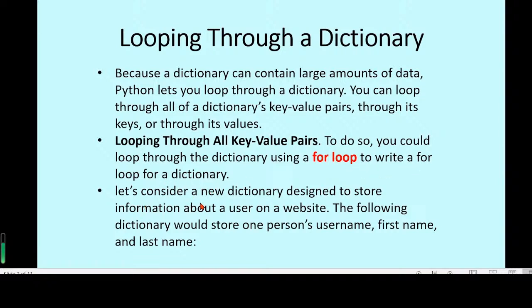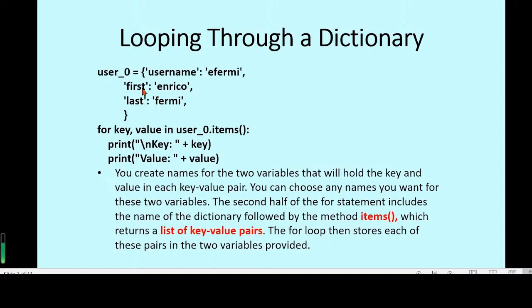So let's consider a new dictionary designed to store information about a user on a website. The following dictionary will store one person's username, first name, and last name. So this is a dictionary called user, and it will store username fermi, first name Enrico, and last name Fermi.